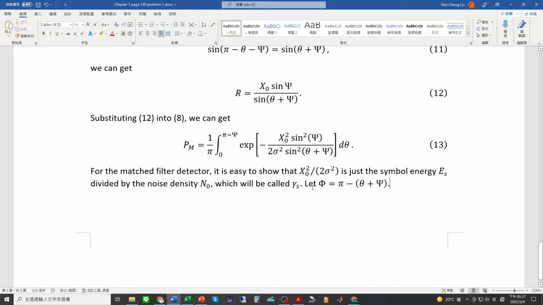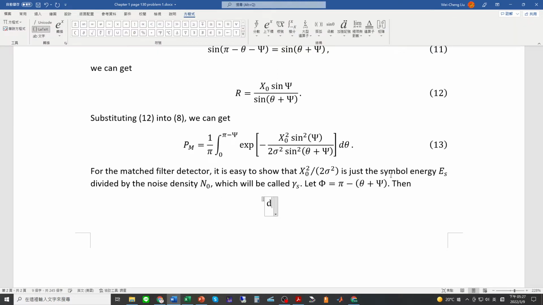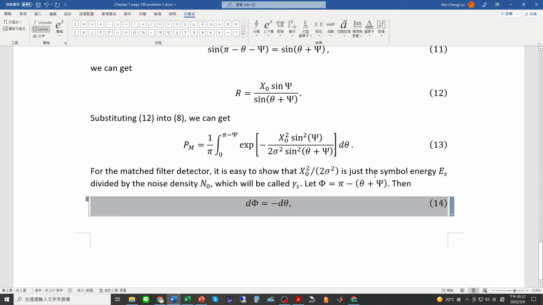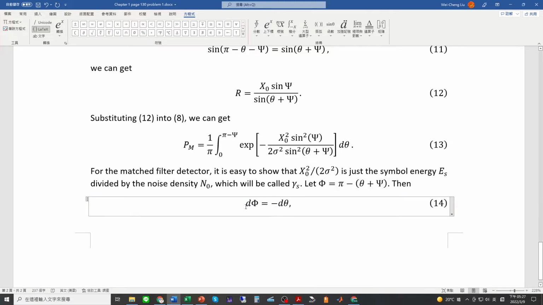Okay, let phi be equal to pi minus theta plus psi. Then d phi is equal to minus d theta.